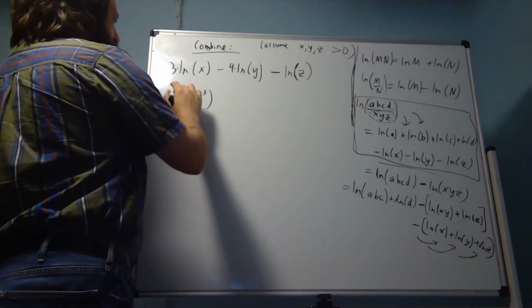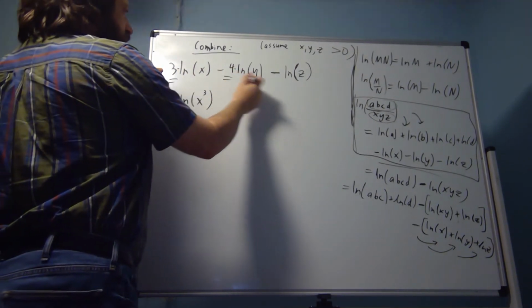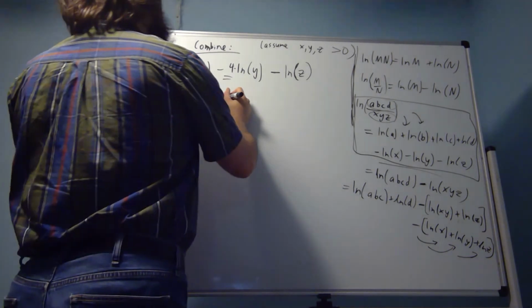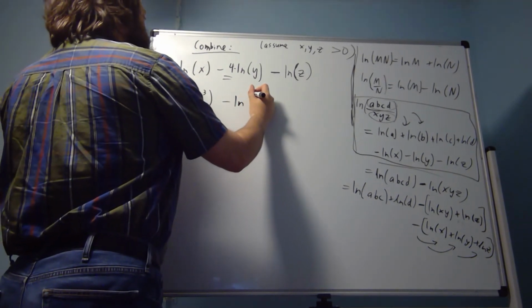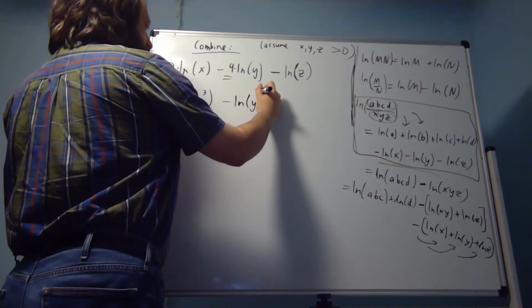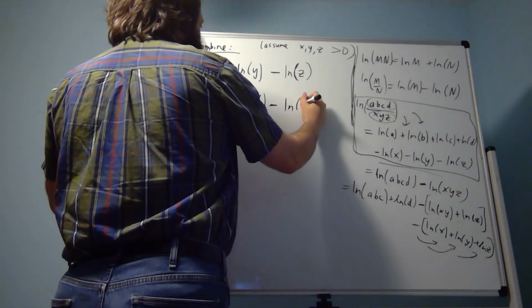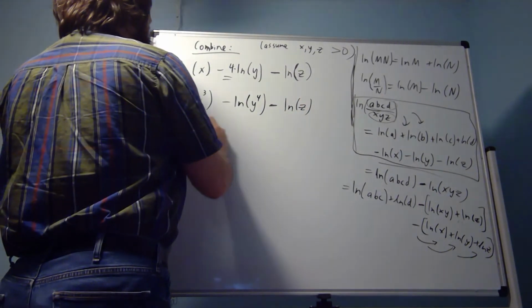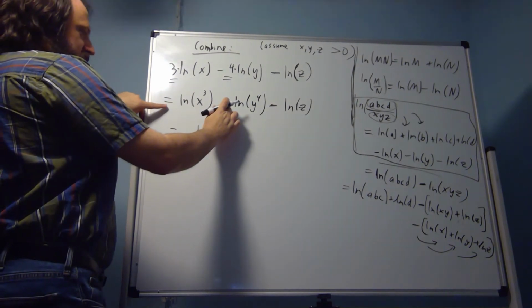But what happens? Well, this one we can't combine them just yet because we have these constants on the outside. So 4 natural log of y, I could write it this way, ln y to the fourth, and then minus, I'll just keep that one the same for now. So I've got ln, and the thing is I can only have plus or minus ones on the outside.